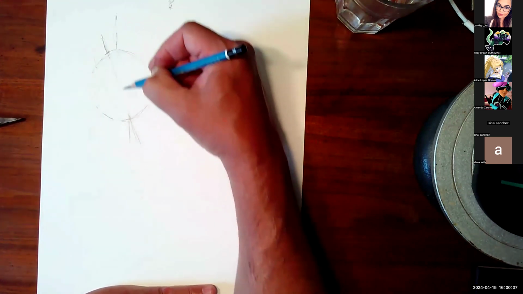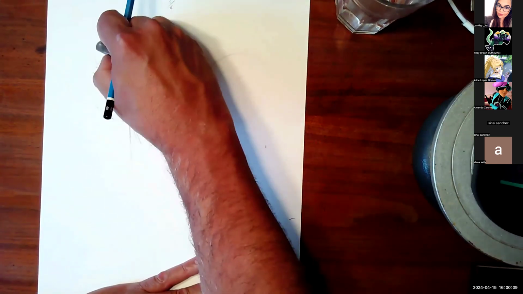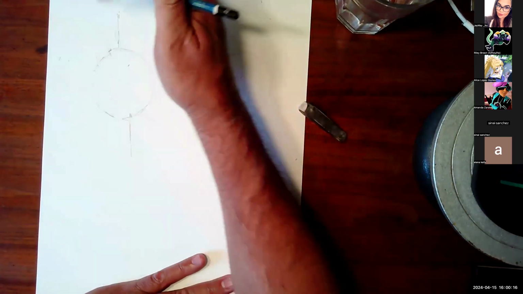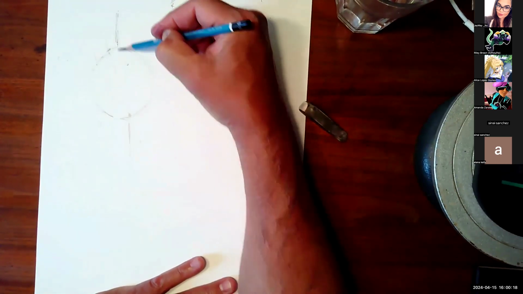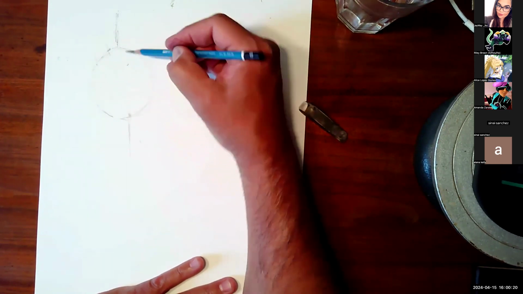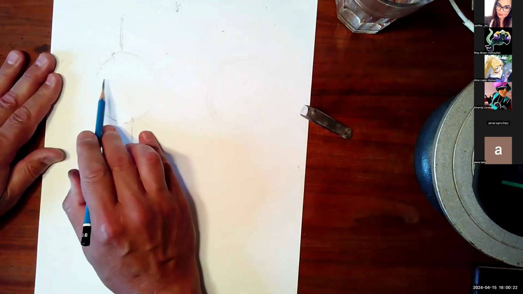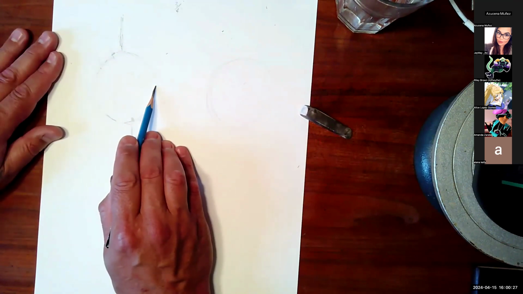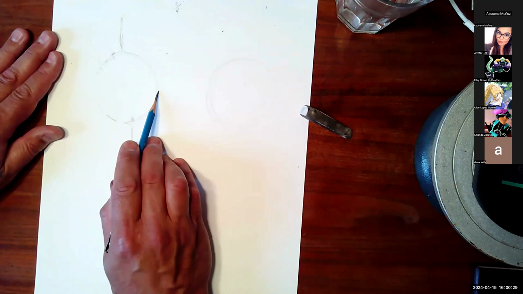I'm going to adjust mine here with this guy. So if I come through the top of the head here and down and out, then I've got a circle where I can start to map some of the features on. Now this would be the top of the head.